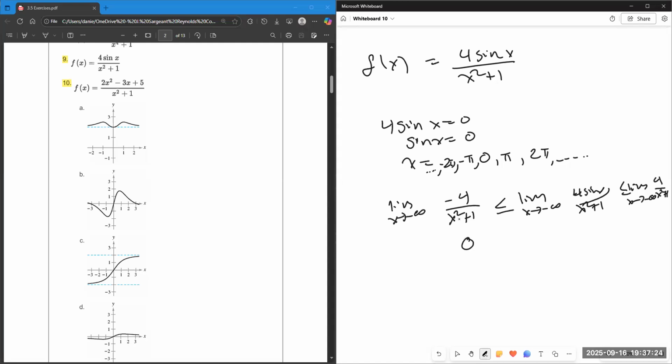And both of these sides go to 0. So this limit has to stay between.